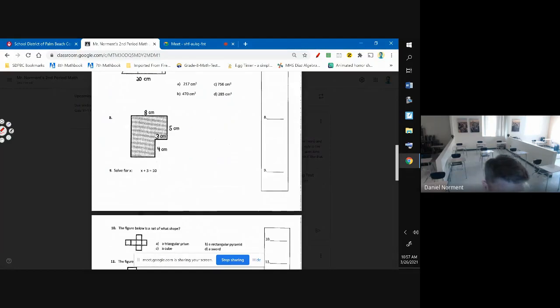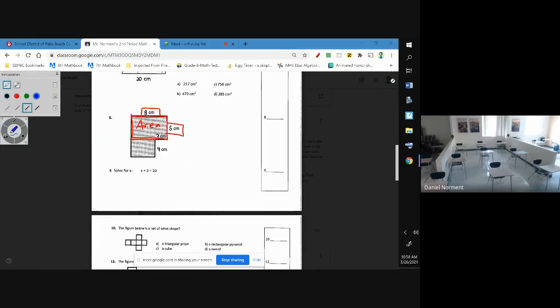Number 8, I would cut it like this. That red rectangle, you're going to multiply these two numbers to get the area for that. Okay? And then you want to find the area of this blue rectangle right here. Now, how would you do that? Well, remember, this distance right here is 8. This distance right here is 3.